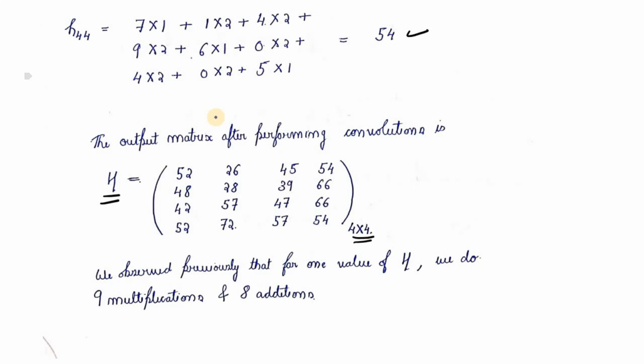So for one value of H, we do around 9 multiplications and 8 additions. Now if I have 16 values of H, 4 cross 4, we are straight away doing around 144 multiplications and 128 additions as of now.